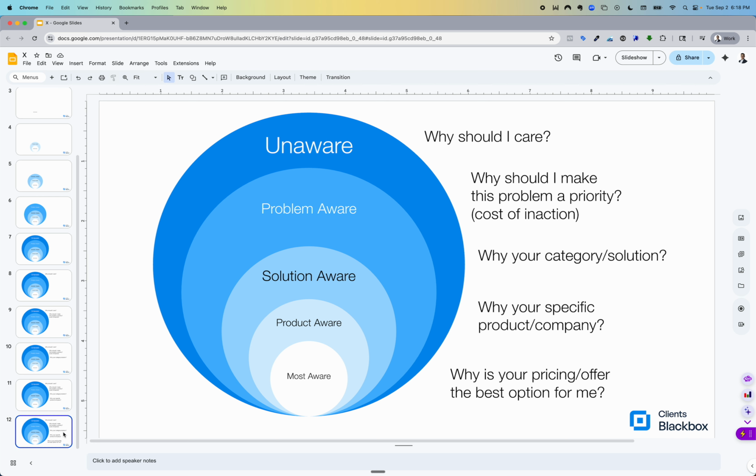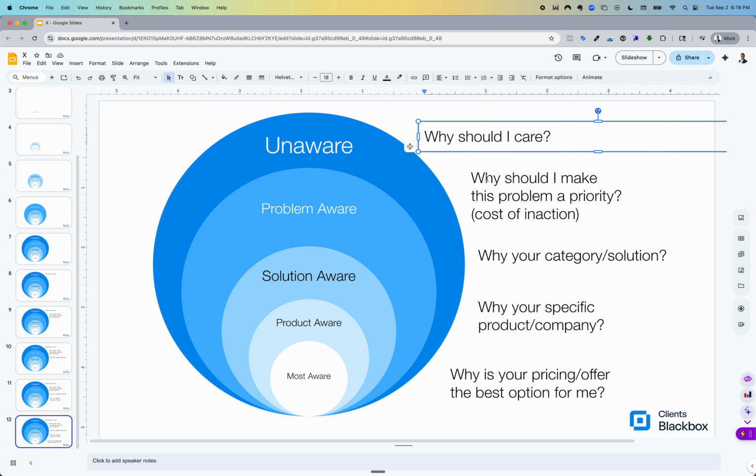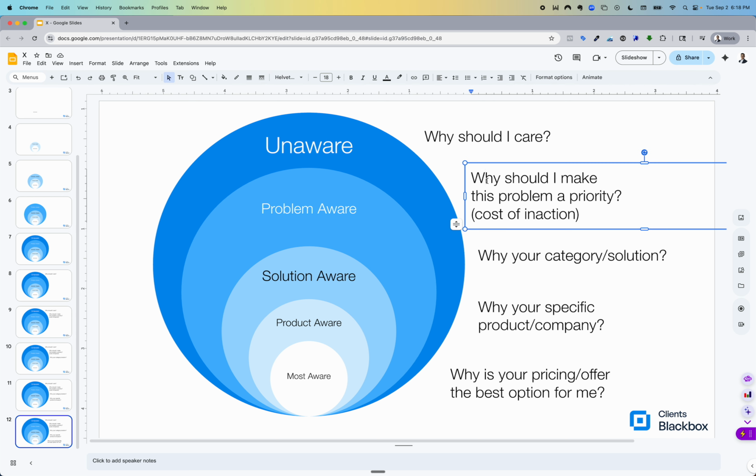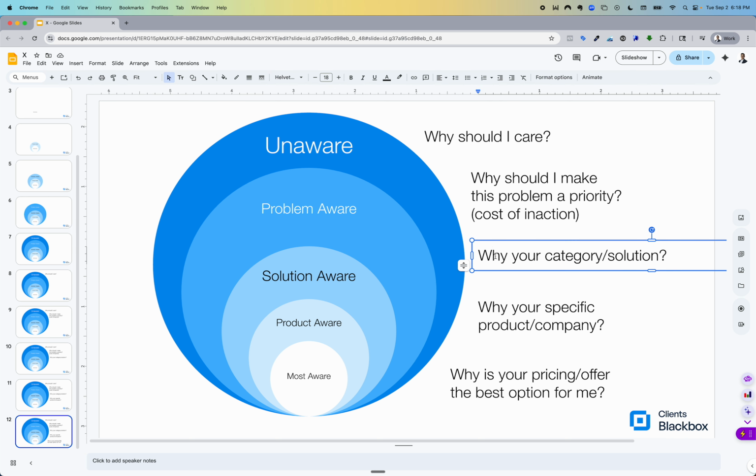And then the last question you should answer is why your specific offer and pricing is the best option for me. Okay, so I care. Okay, this is a problem. It's a high priority for me. Okay, I see why your category of solution is the best way for me to solve this problem.